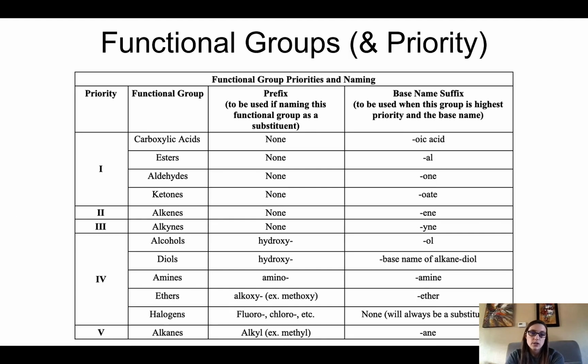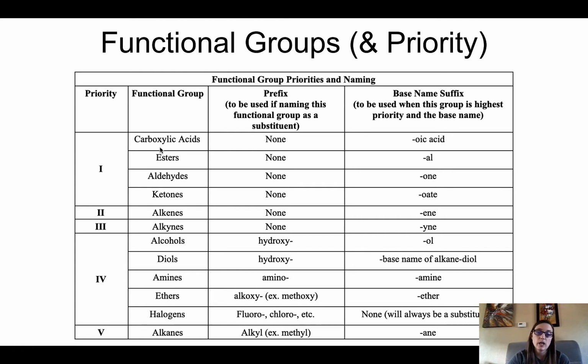So if we actually look at functional groups, we're also going to look at the priority of these functional groups. So this table is on page 10 of your notes. These functional groups we will need to be able to recognize, and we'll talk more about these functional groups as we get into naming different types of compounds. But with these functional groups, they all have certain priorities. Now we're going to focus on naming alkanes. So you notice it's the bottom priority.